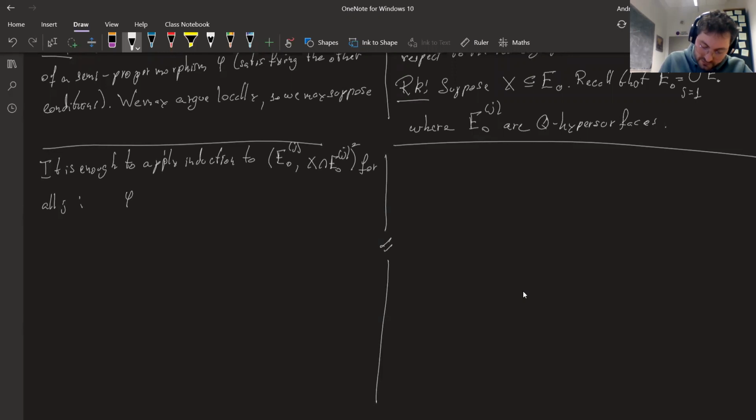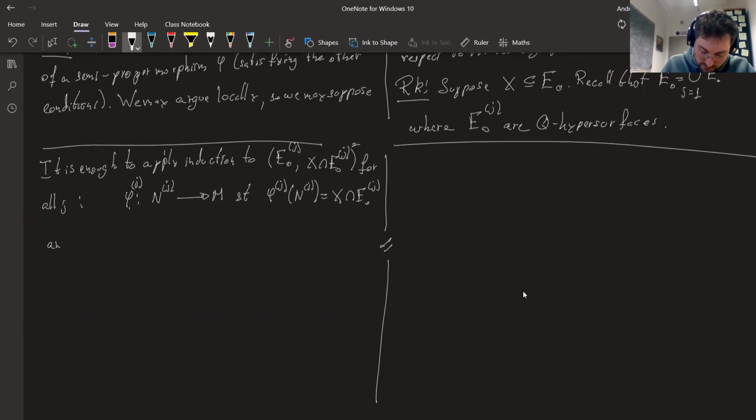So this is going to give us morphisms, let's call it Fj, from Nj to M, such that Fj of Nj is equal to X intersected with this guy, and this is enough.